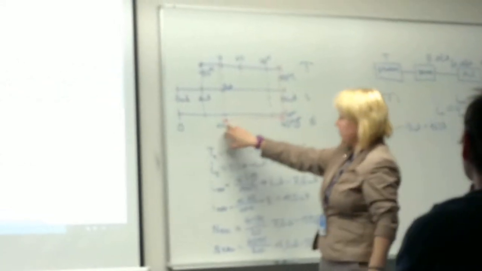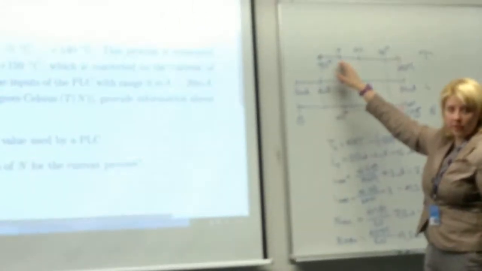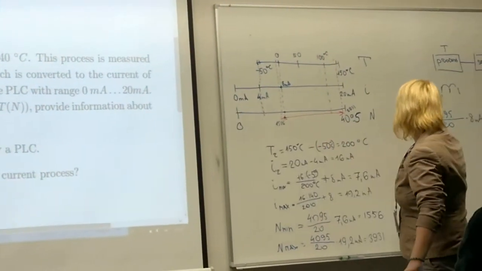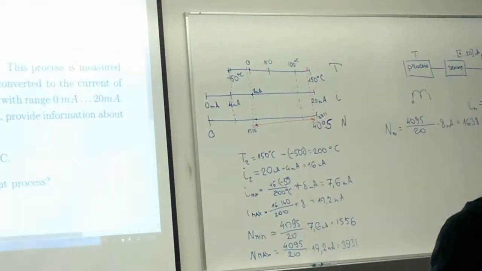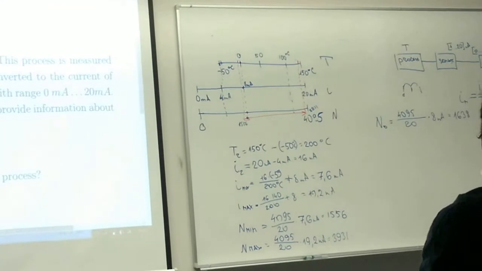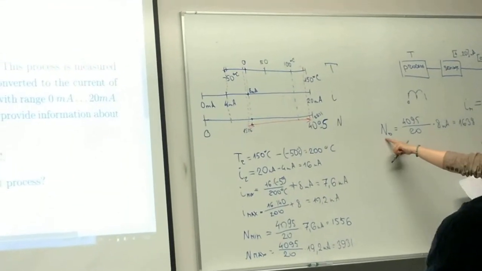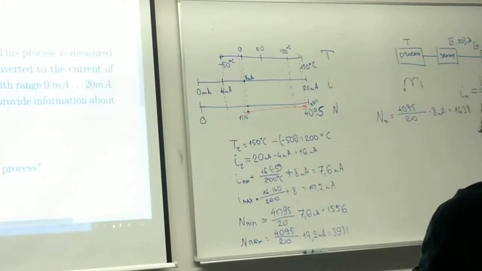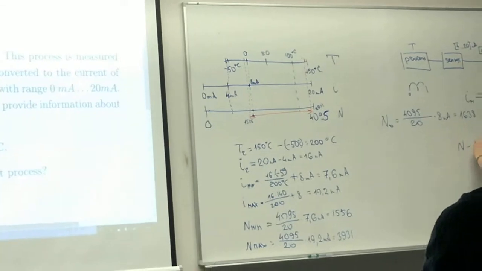Basically that means our signal is shifted from 0 by this value. So when we try to find the dependency between temperature and our integers in PLC, we should always provide this shift.